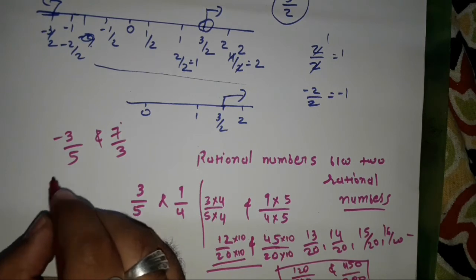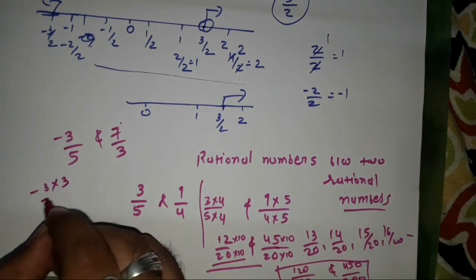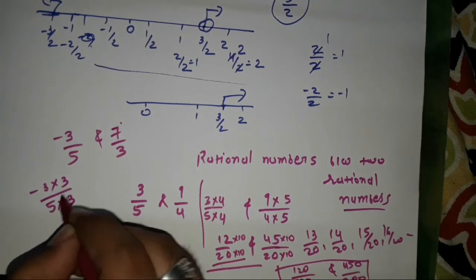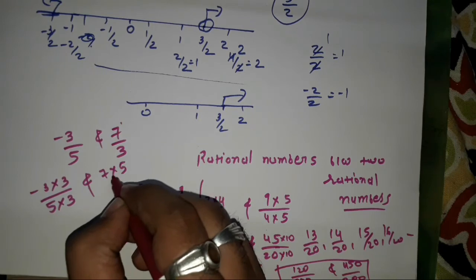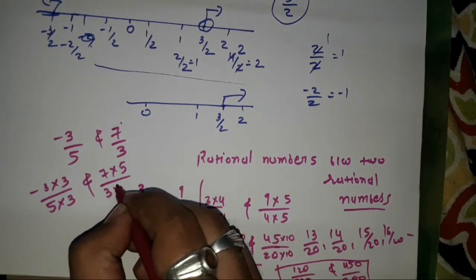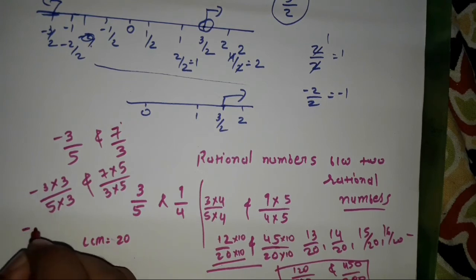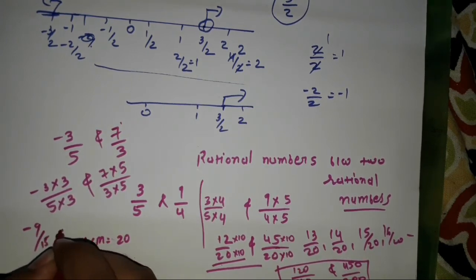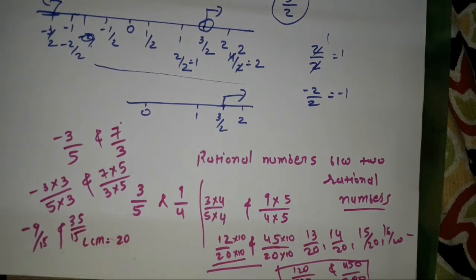First of all, to make this 5 into 15, I will multiply the numerator and denominator with 3, and similarly to convert this 3 into 15, I will multiply numerator and denominator with 5. So minus 3 times 3, I will get minus 9 upon 15, and similarly 7 5s are 35 upon 15.